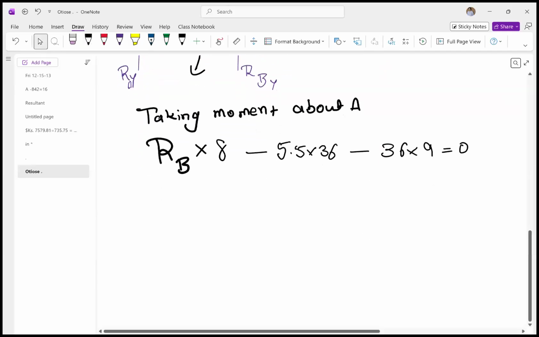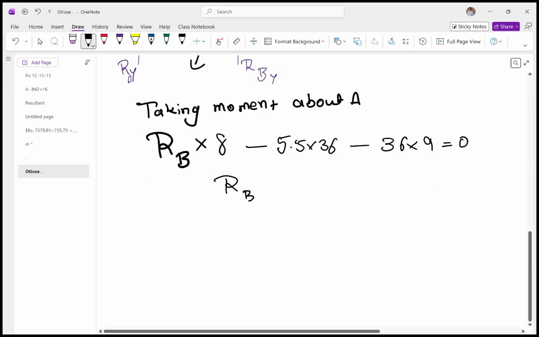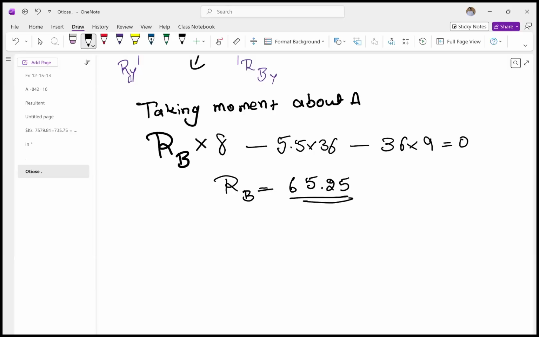And once you solve this, the RB value will come out to be 65.25 approximately once you solve this equation.